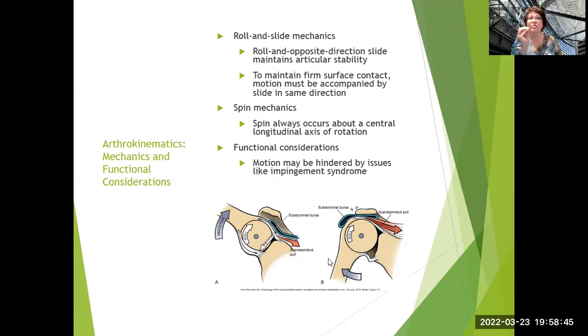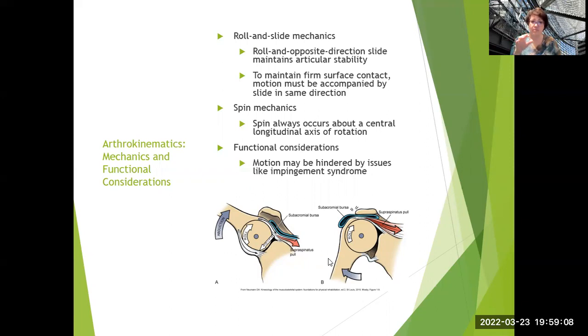Spin always occurs about a central longitudinal axis of rotation. And if you have tissue problems like impingement syndrome, that can interfere with your roll or your slide. And that's where we want to do our joint mobilizations to restore the proper arthrokinematic motion.